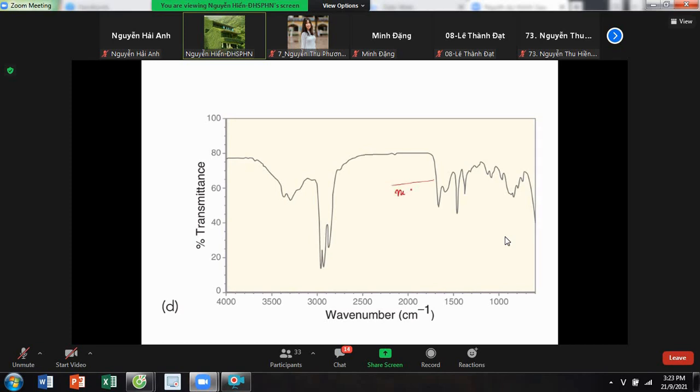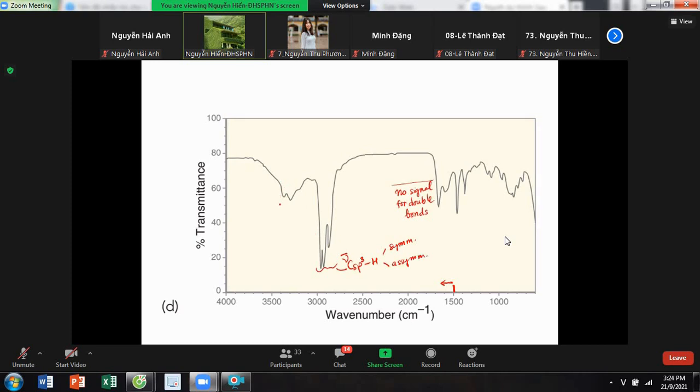So in this case, no signals for double bond in general. And we just look up here, and it is for CsP3H, two kinds, symmetric and asymmetric.